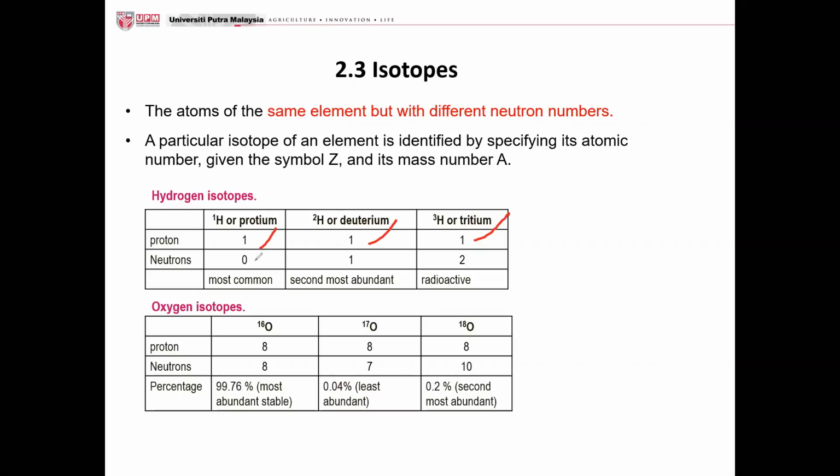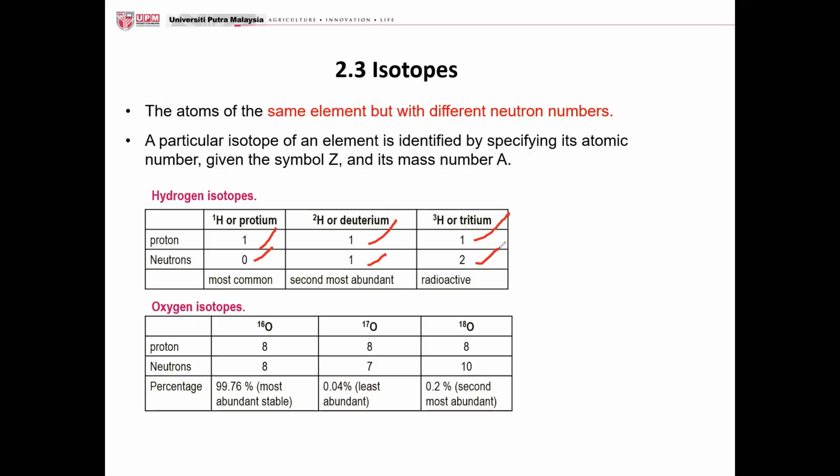The number of neutrons for protium is 0, for deuterium is 1, and for tritium is 2. Protium is the most common isotope on earth, the second most abundant is deuterium, and tritium is radioactive.